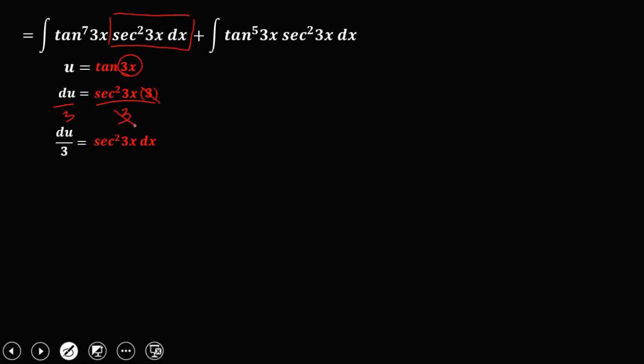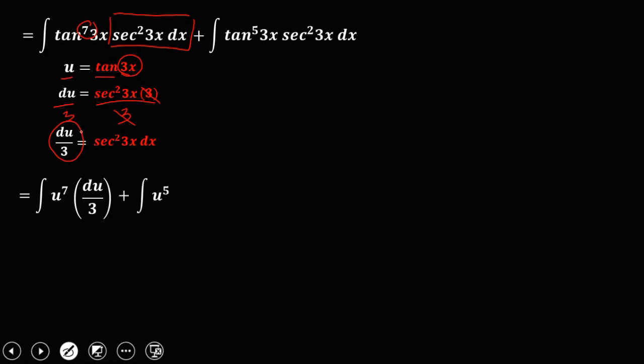Then substitute. Since u is equal to tangent 3x and we have this tangent to the power 7 3x, that becomes the integral of u to the power 7. Then this secant squared 3x dx is equal to du over 3, so times du over 3.